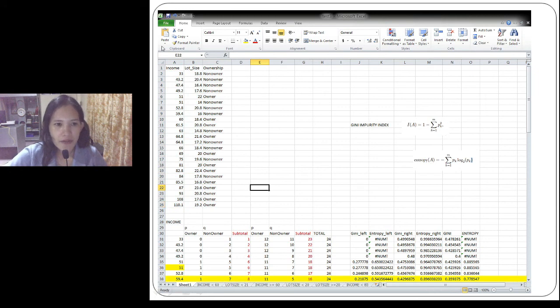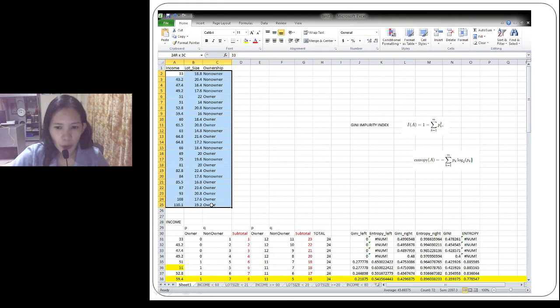We have the predictors income and lot size, and the class ownership with values non-owner and owner. There are a total of 24 records: 12 records are for owners, and there are also 12 records for non-owners.